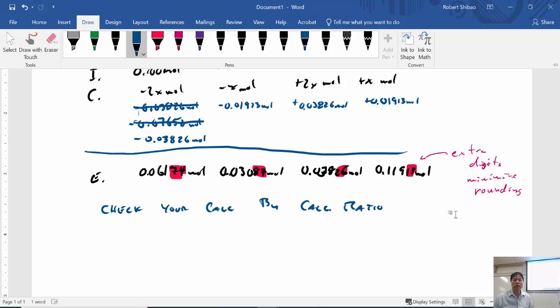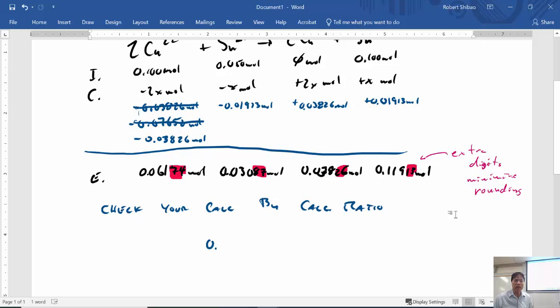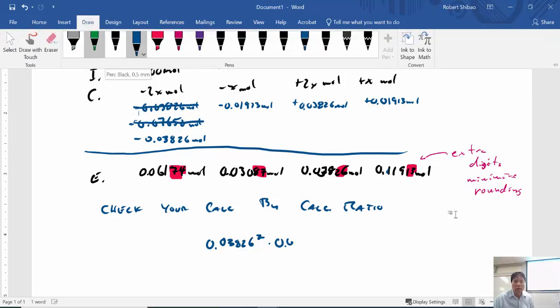And so I'm going to check the ratio here, and that is we take the product copper, 0.03826, squared, times the tin, which is 0.03826.